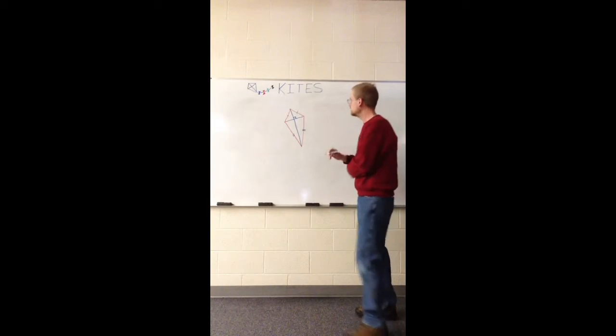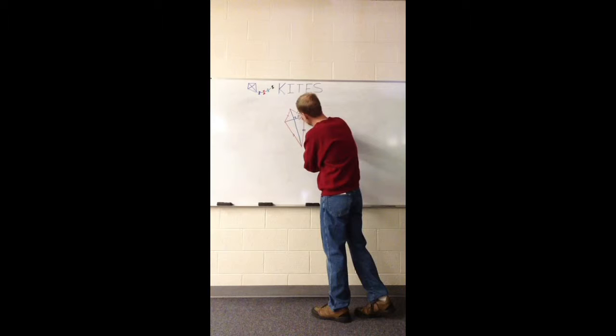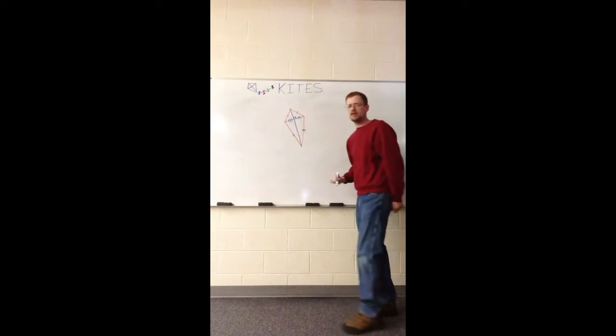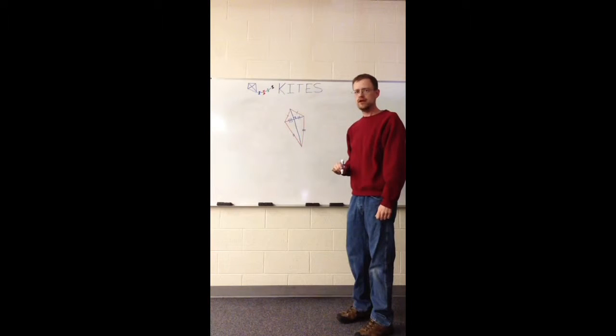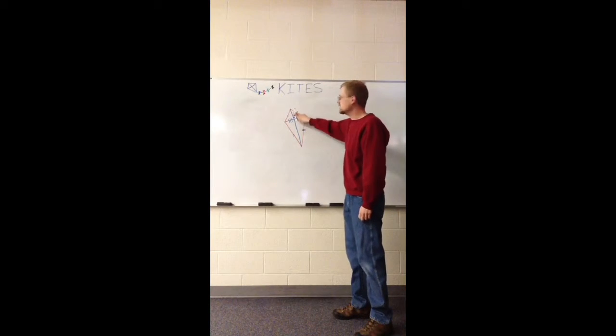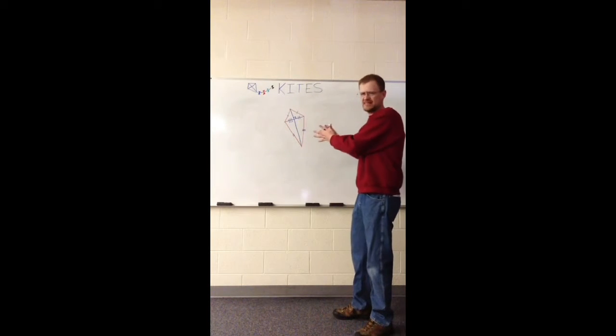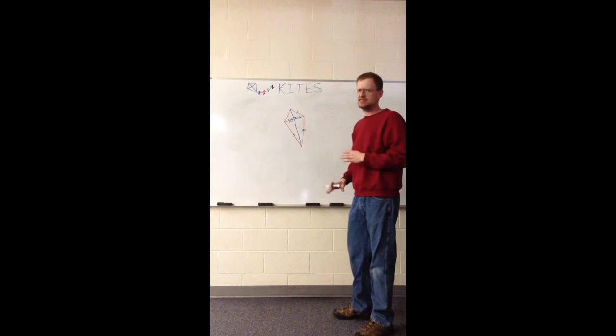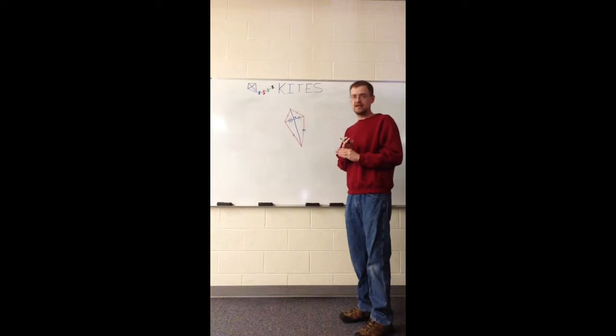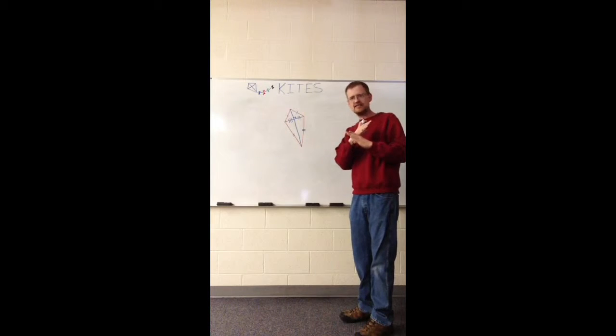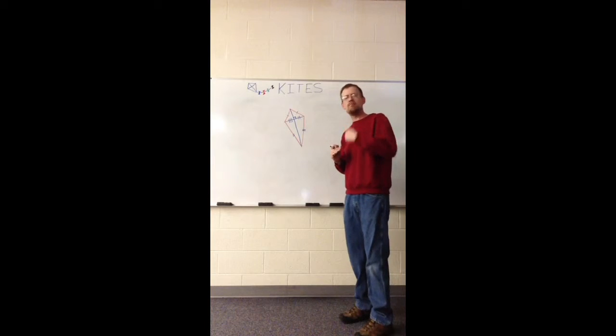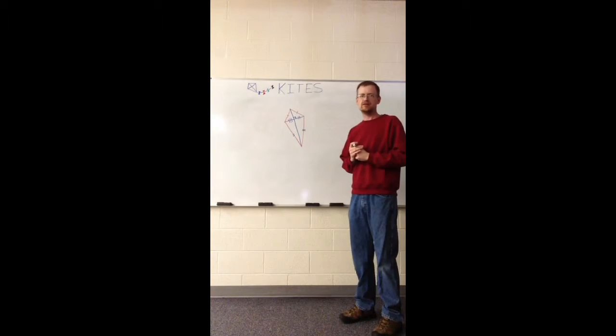Okay? It turns out that this side here and this side here will be bisected. Okay? These two sides will not be. And if you just look at this example, you can see it's kind of obvious that that won't happen. Okay? So, we can't say, like in a parallelogram, that the diagonals bisect each other. They don't. But one of the diagonals will bisect another diagonal.